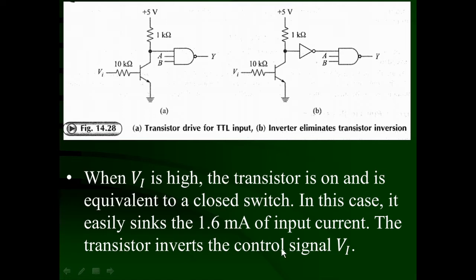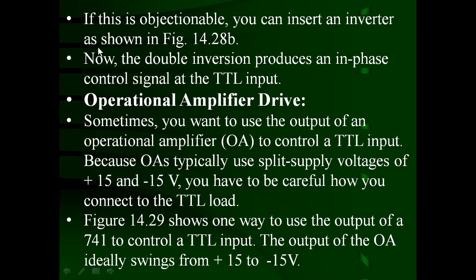The transistor inverts the control signal Vi. If this is objectionable, you can insert an inverter as shown in figure 14.28b. Now, the double inversion produces an in-phase control signal at the TTL input.